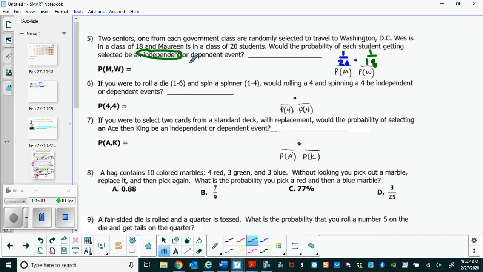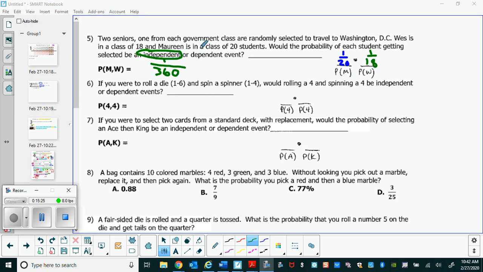So now when you multiply here, you've got 1 times 1, and then 20 times 18. And if you just do 18 times 2, that's going to be 36. So just put an extra 0 there, and we've got 1 over 360 for this independent event. All right, now the other thing I wanted to do, let's just compare real quick.